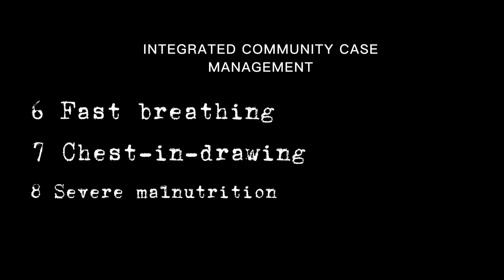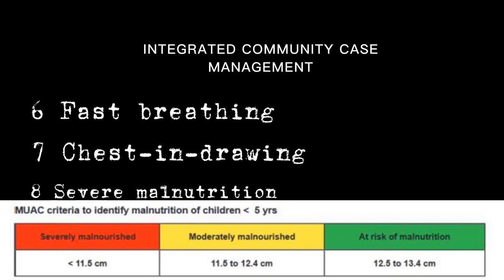Use a MUAC tape. A small arm circumference read on the MUAC tape strap identifies severe malnutrition in children with severe wasting, very thin, a condition called marasmus. This indicates severe malnutrition, circumference of 11.5 centimeters and below.